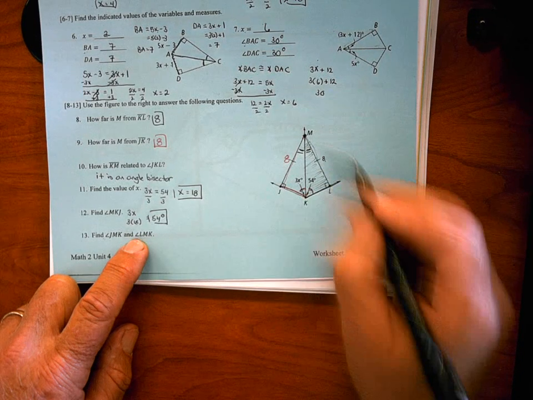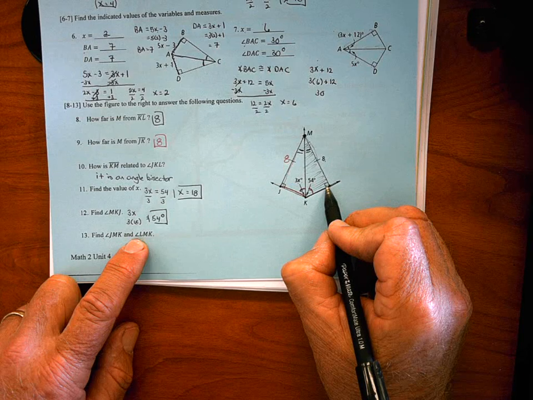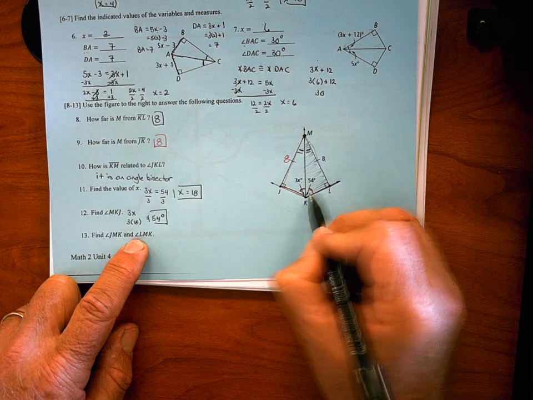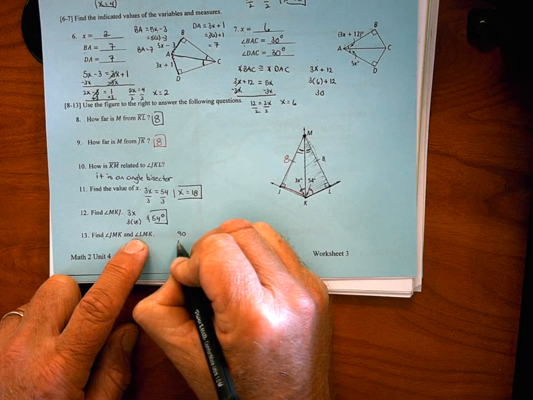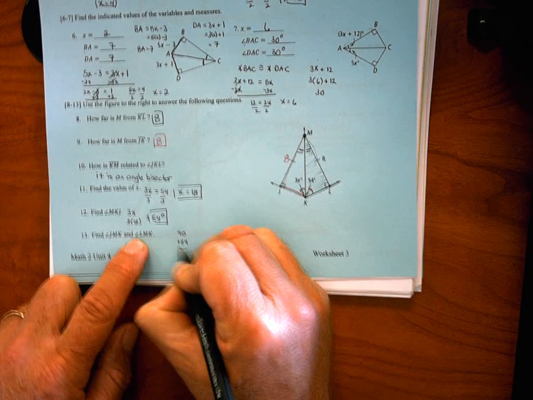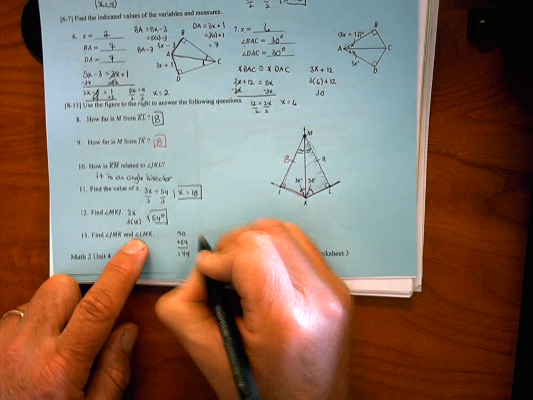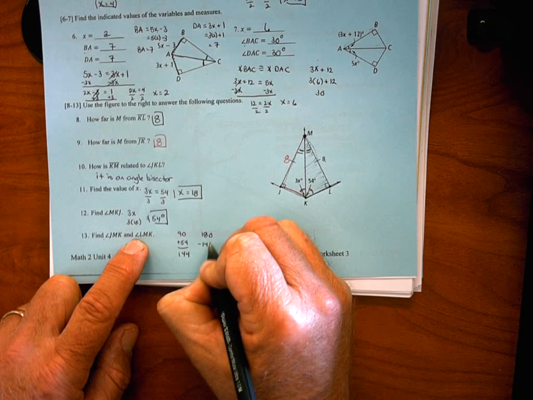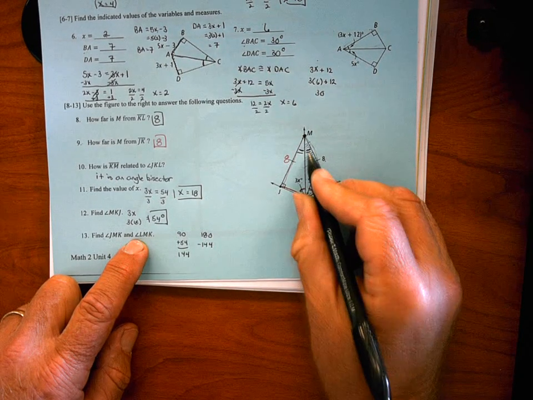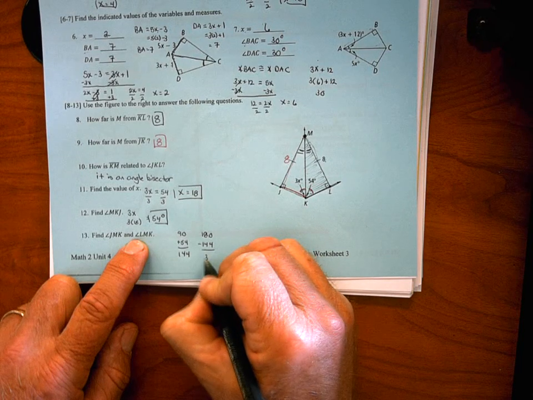Alrighty. Well, that's 90. That angle's 54, and I want to find that angle there. So I'm going to take 90 and add it to 54. That's 144. And then I'm going to take away 144 from 180, because the three angles in a triangle are 180. So that gives me 36.